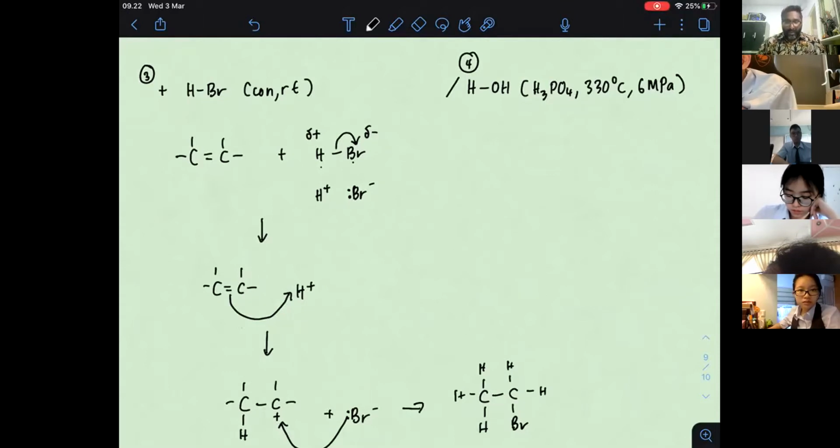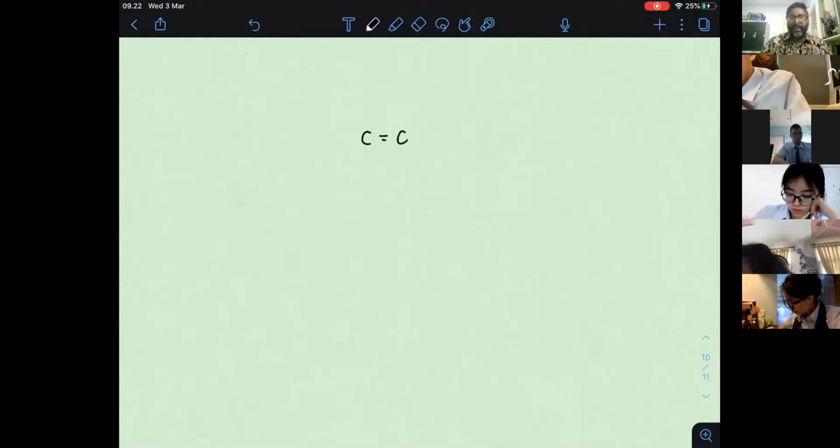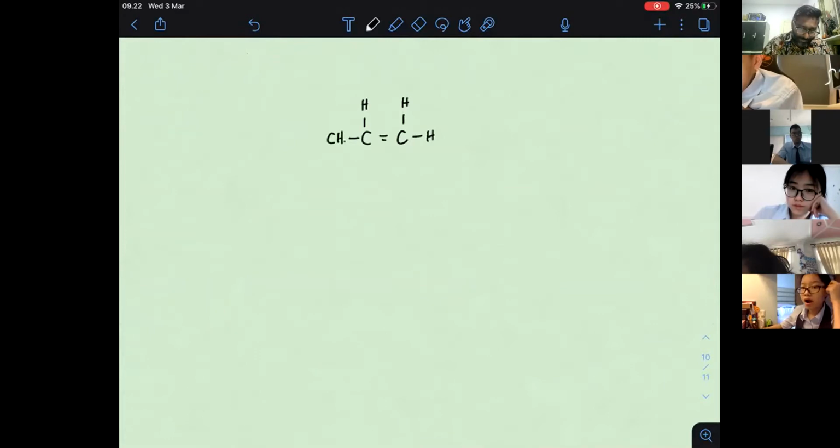Now I told you that I want to discuss one more thing. Let us discuss this. So here, let me draw. If I have C double bond C, and then I have H over here, H over here, H over here, but on this side, I don't have H. I'm going to have CH3 for a difference, for example.